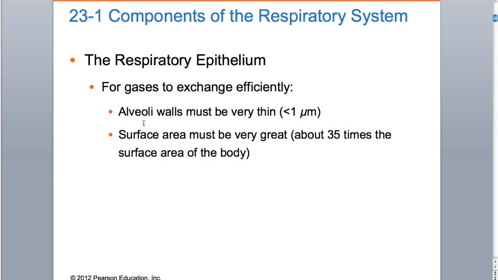So again, we have a lot of alveoli, and I'd say in the order of millions, just to give you an idea. Our number of alveoli in our lungs, we're looking in the millions. And each alveolus wall must be very thin because of gas exchange, best for diffusion. Next slide.